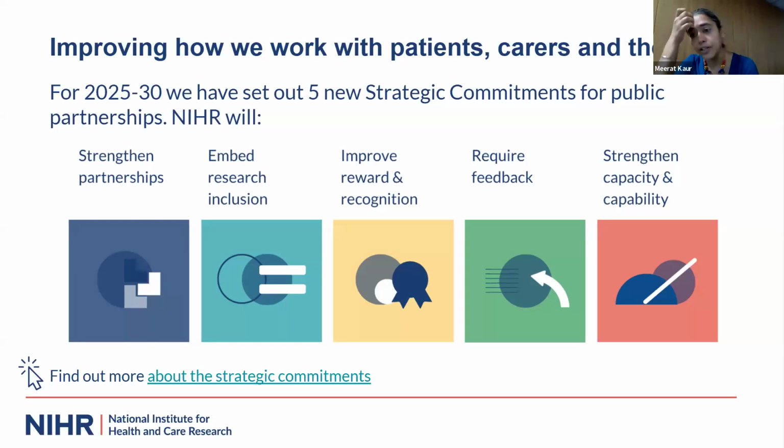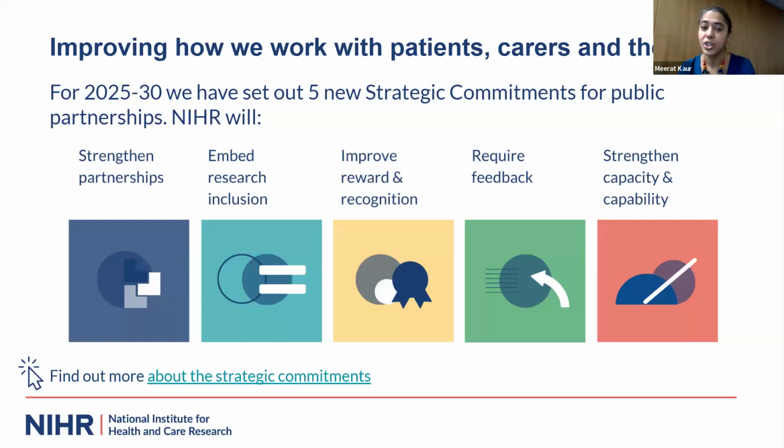So there's strengthened partnerships: how we work with lots of different communities and people, and how we ensure that we strengthen those partnerships and the ability to do those. Embed research inclusion, self-explanatory. It sits alongside the research inclusion strategy of the NIHR, but also is about ensuring that health and care research is diverse and representative and responsive.